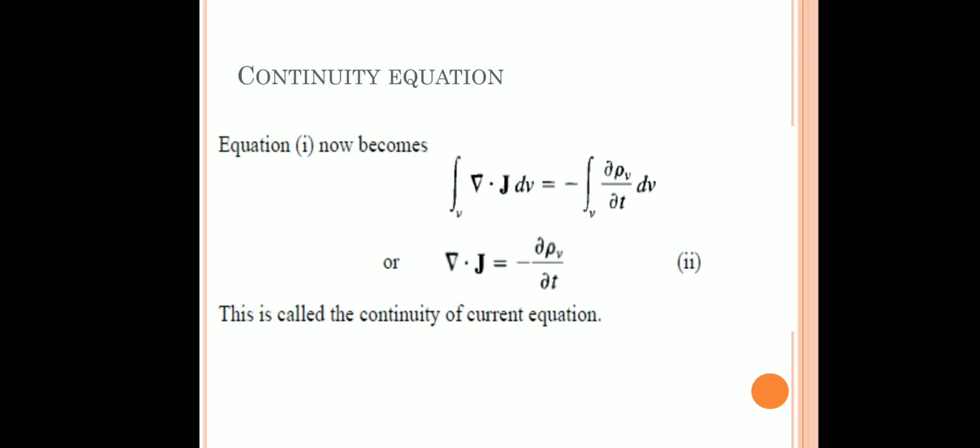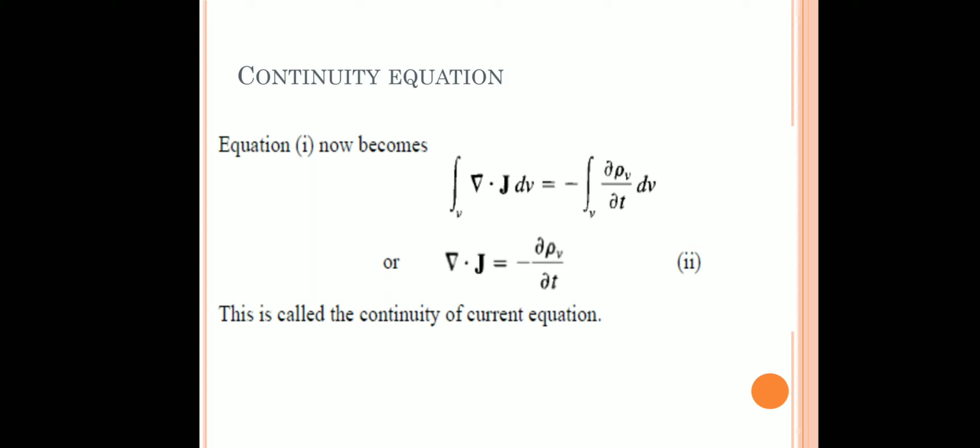So we can write the volume integral of del dot J dv equal to negative volume integral of dou by dou t of rho v dv. Both sides are volume integrals, so the inside terms we can equate. So del dot J equals minus dou by dou t of rho v.